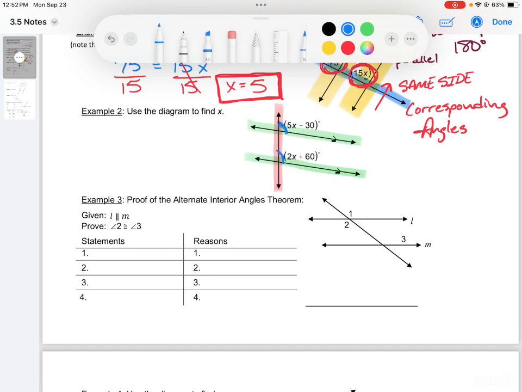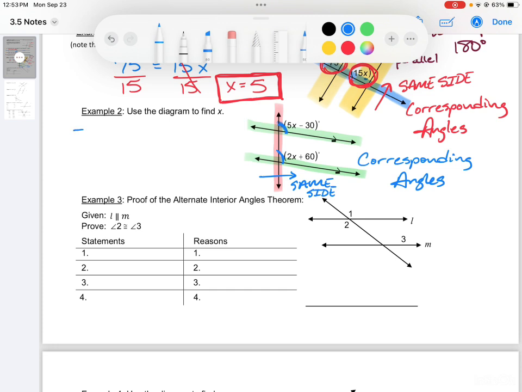And just like in the first example, they're on the same side and they're in the same position as each other. So again, these are corresponding angles.